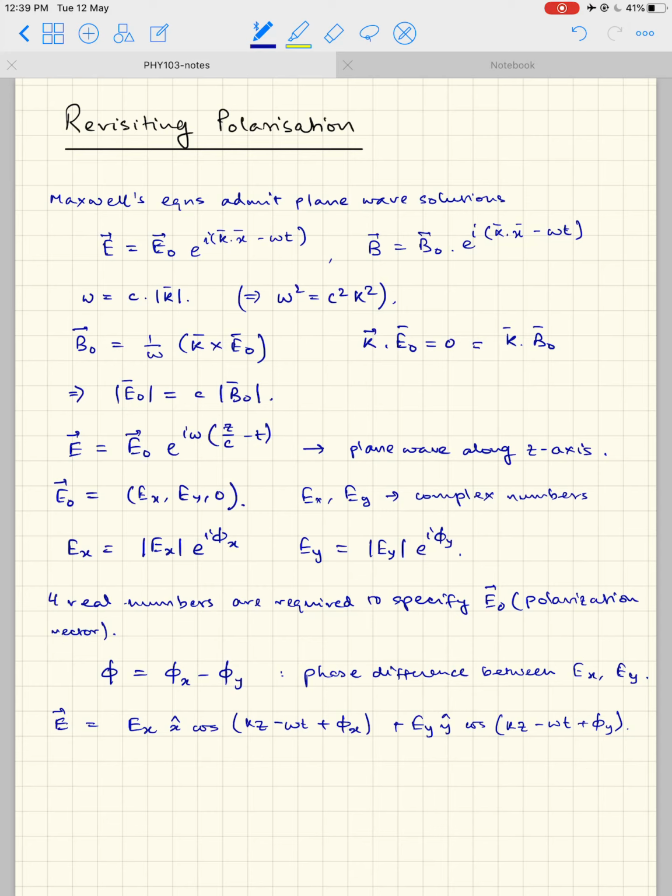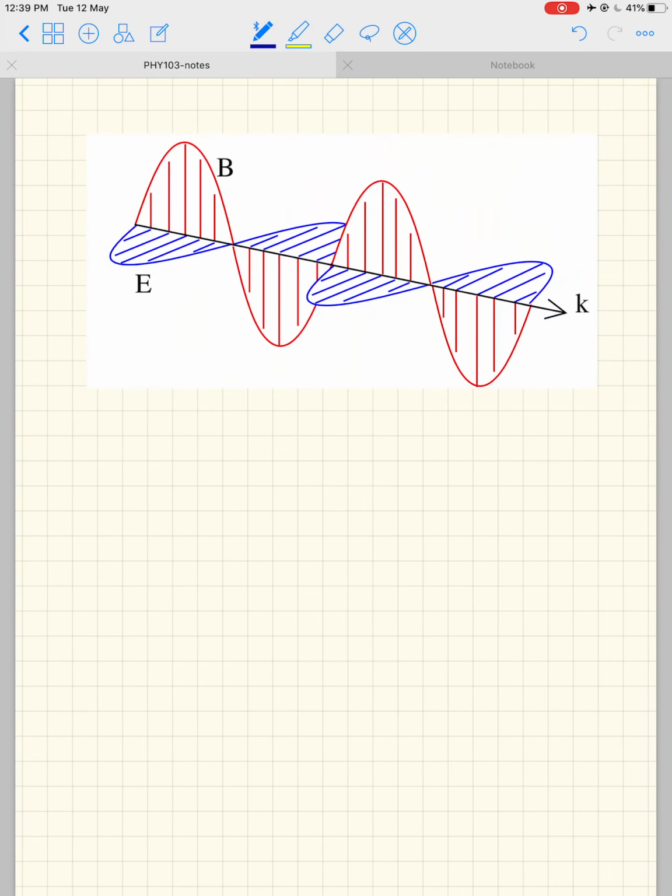Next, let's move into linear polarization.